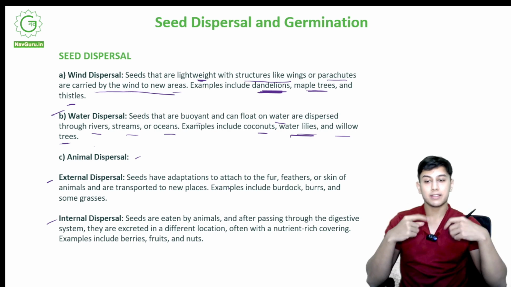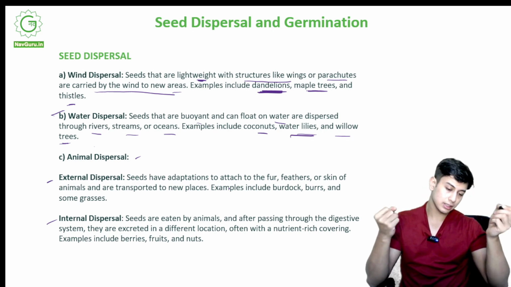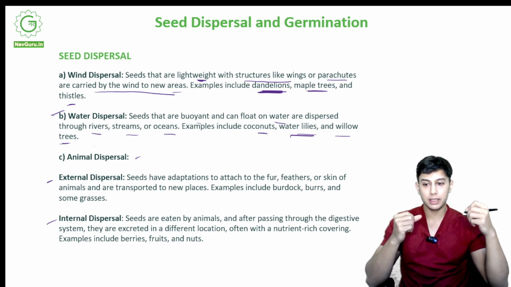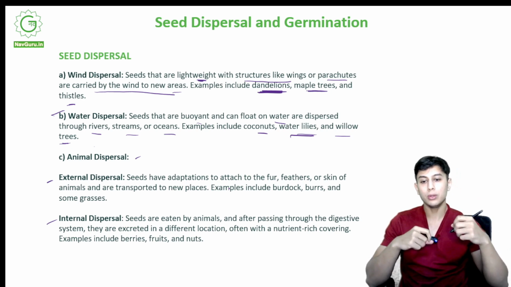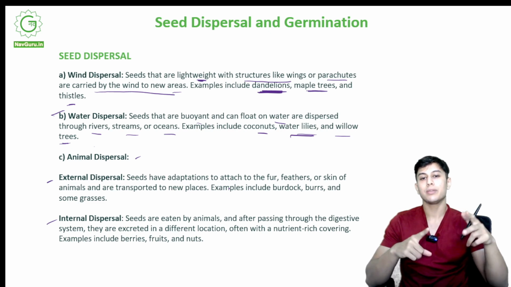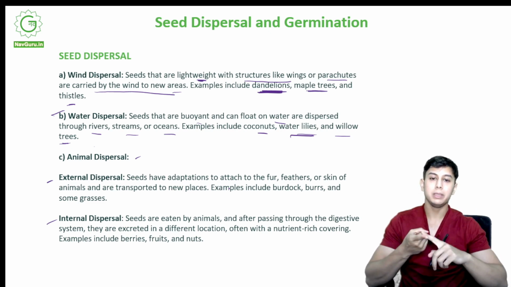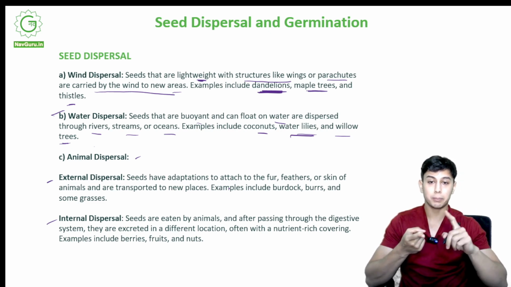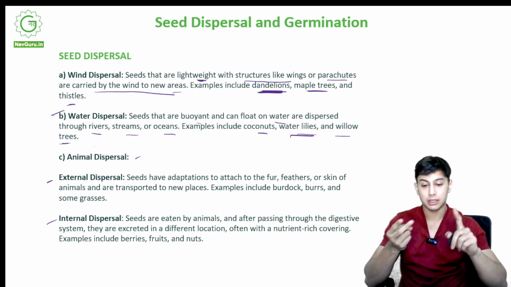So nature devised a very smart plan: since animals are coming to eat the fruits and to get nectar from the flowers, why not use them to send away the seeds? So honeybees, right? The pollen grains get attached to honeybees.